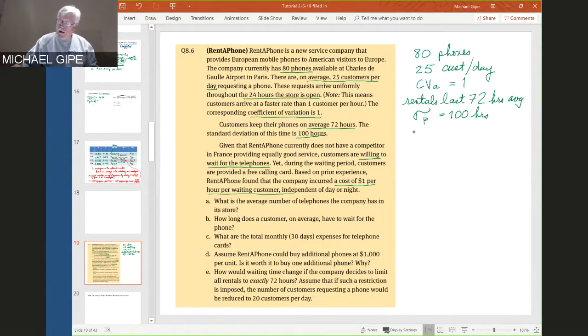And customer waiting costs us $1 per hour per customer. They're charging in American dollars, not euros. Interesting. Okay.